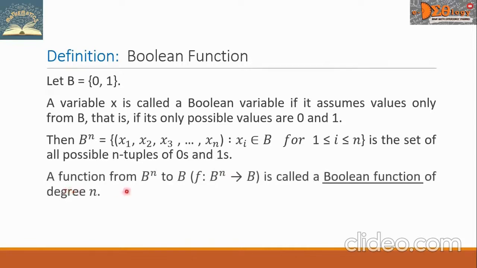A function from B raised to n to B, denoted by f colon B raised to n arrow B, is called a Boolean function of degree n.